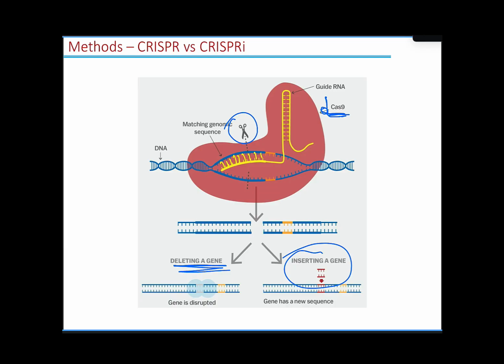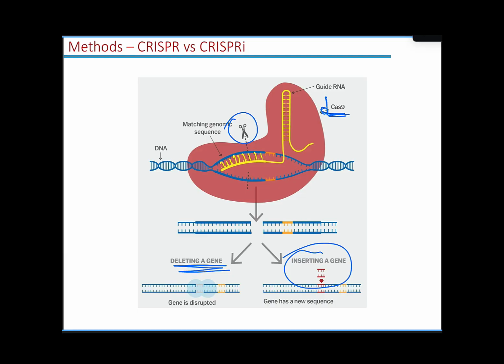And that is how, depending on where that dead Cas9 got stuck, you will affect the normal function of that location. If that location was a promoter, like Ale was suggesting, you may not allow for the binding of RNA polymerase.